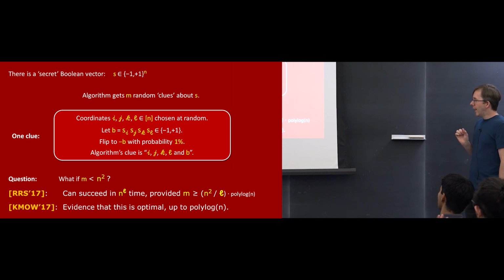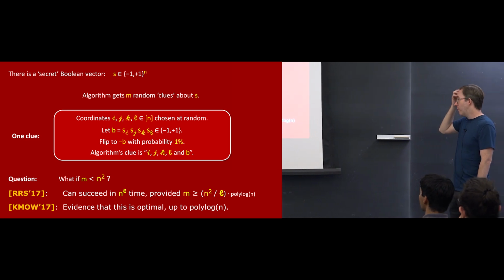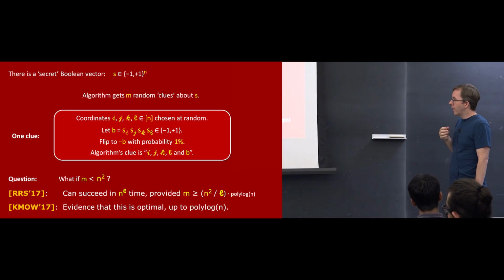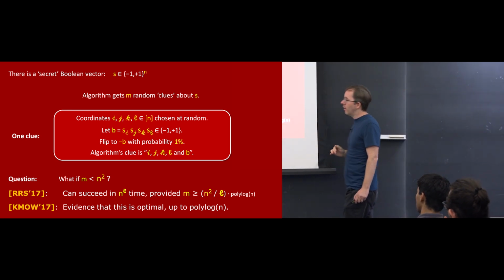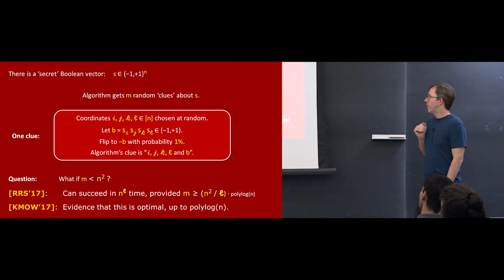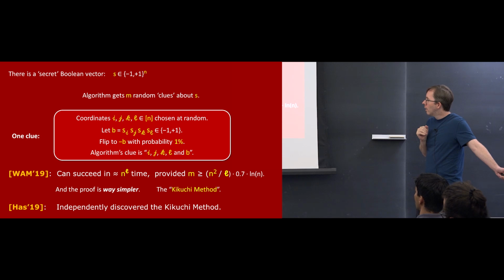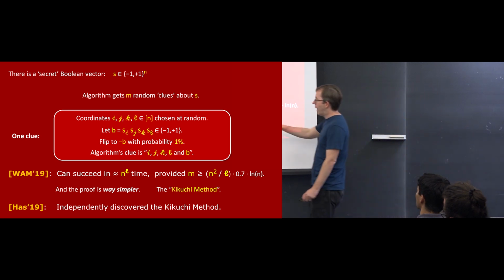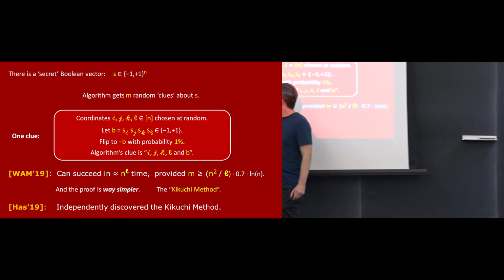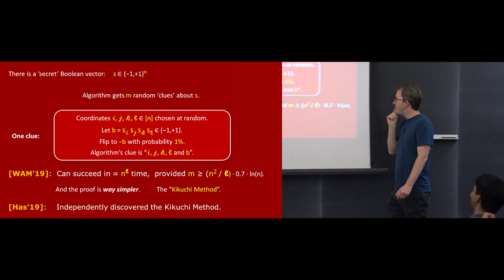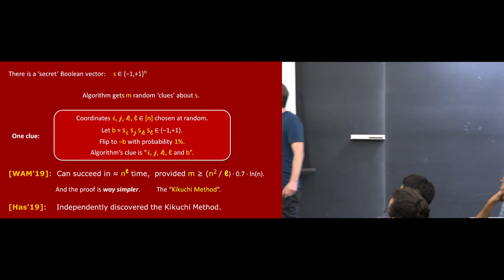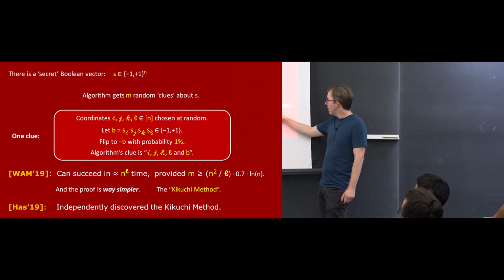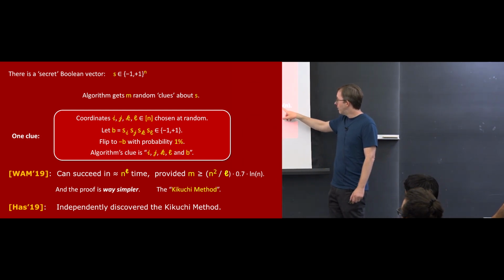Okay, but then some people, partly motivated maybe by these cryptographic applications or other applications, were really interested in the finer-grained details of this question. So there's a subsequent paper by Wein, Alaoui, and Montanari from 2019, that showed something like this: that you can succeed in n to the L time provided m is at least n squared over L times 0.7 times ln n.